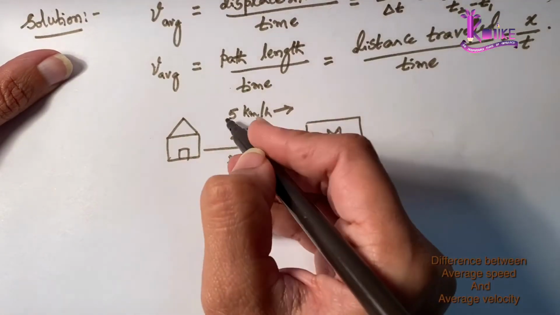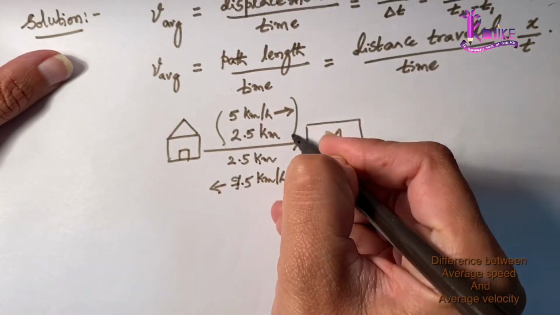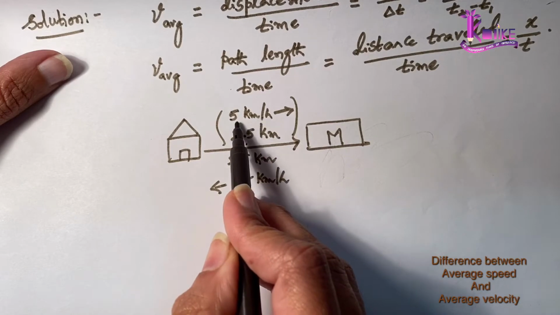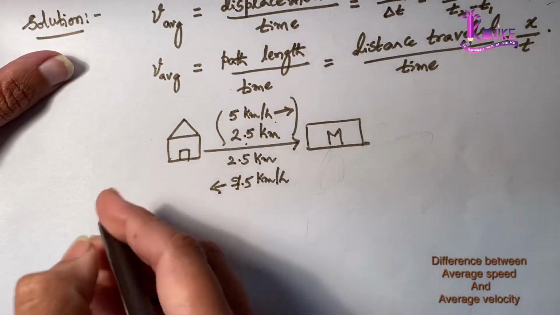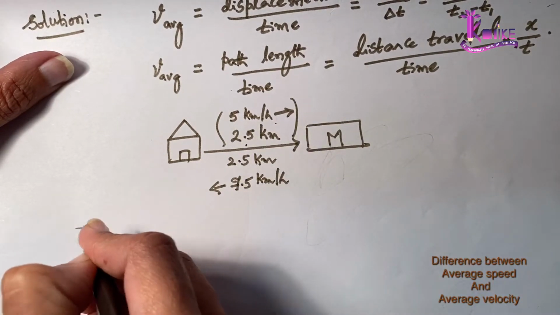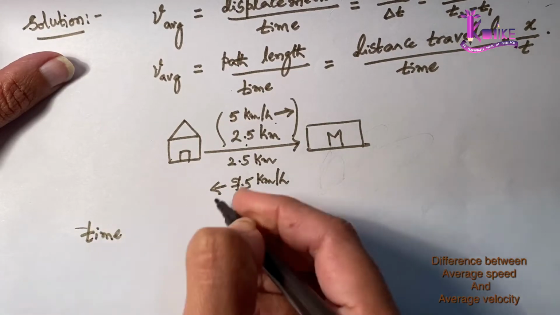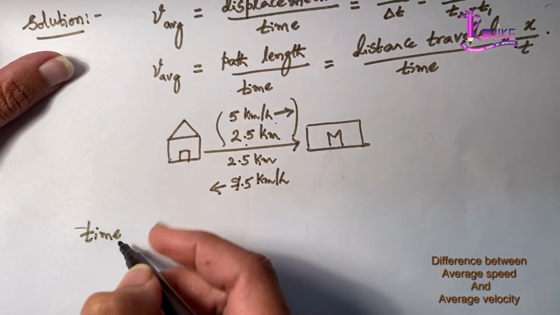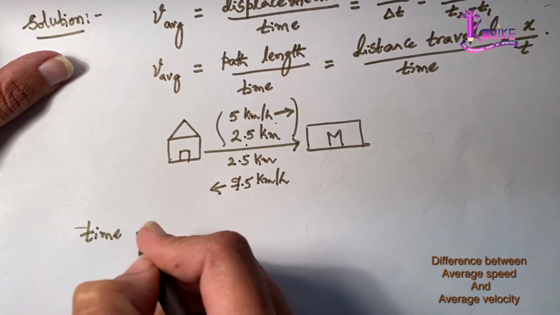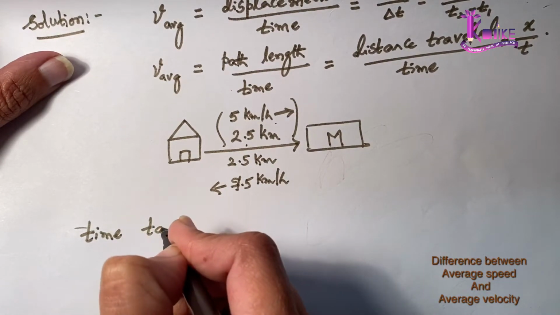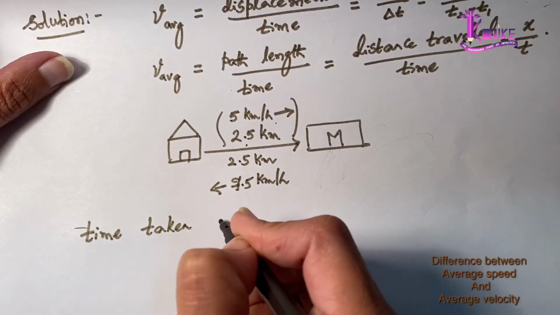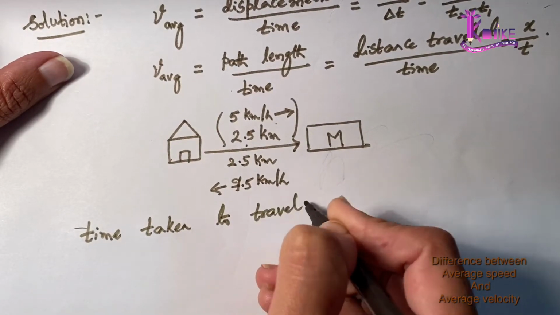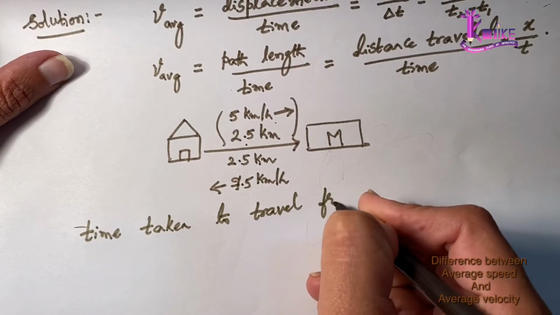Now we do not have the time that he takes to cover this distance when he is traveling with a speed of 5 kilometers per hour. So let me calculate the time taken to travel 2.5 kilometers at the speed of 5 kilometers per hour, from home to market.